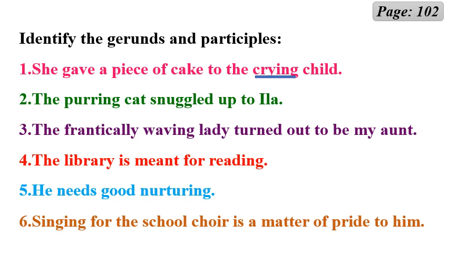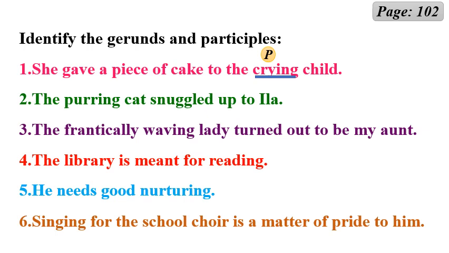But when a verb ending in ing acts as an adjective or adverb, then it is a participle. Crying child. Here the non-finite verb crying describes the child. So here it functions as an adjective.